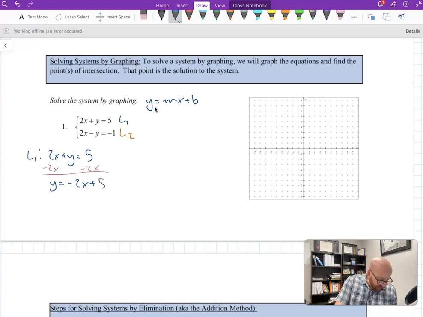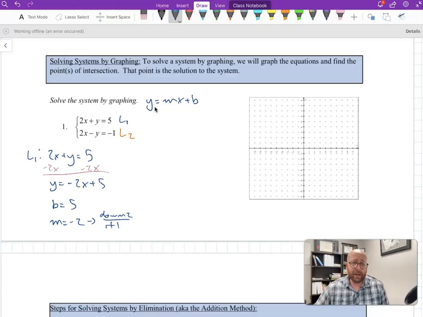So from here, we can tell that b is equal to 5. That's our y-intercept. And m is equal to negative 2, which means we are going to go down 2 to the right 1. So let's just go ahead and graph line 1 on our coordinate plane. We'll start at 5, so that's going to be a point right here.